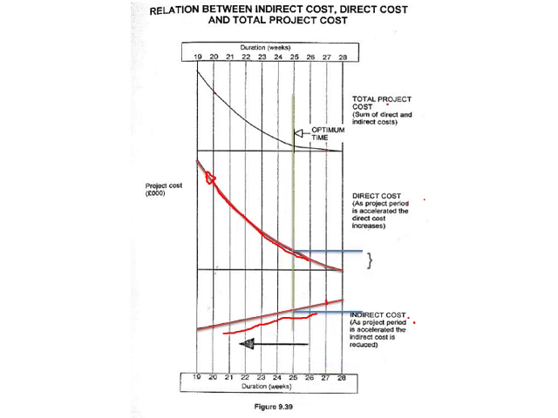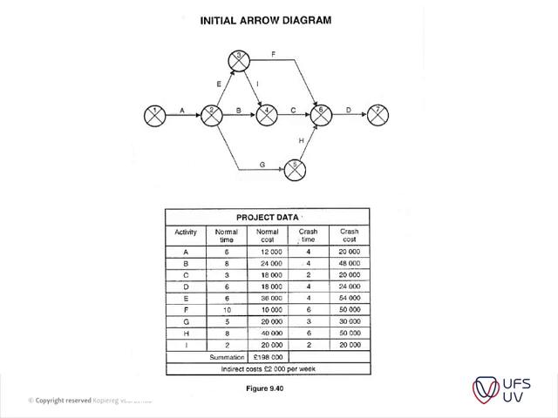Okay, so that's just the explanation of where it goes to, and then this is what we're going to aim to calculate, our optimum time. Okay, so getting into our example. If we look at our two scenarios, figure 9.40 shows a construction sequence involving activity A to I in arrow diagram format.